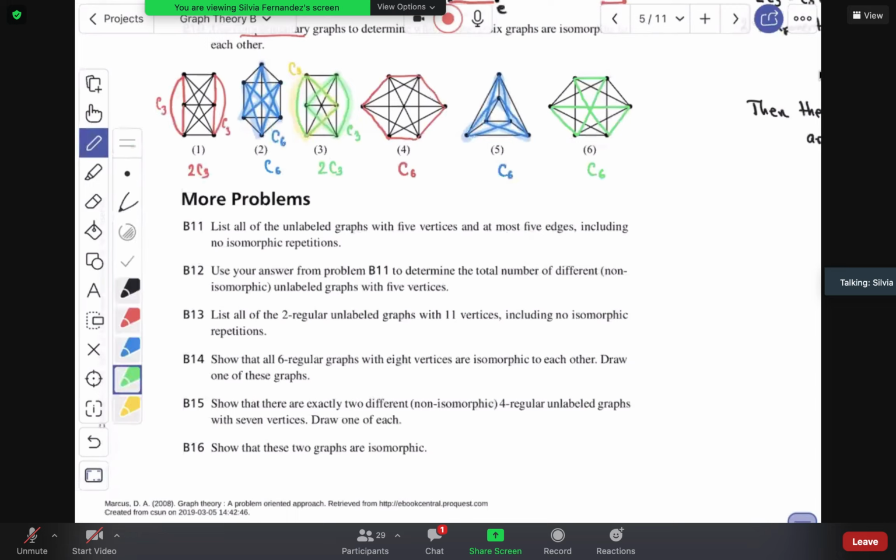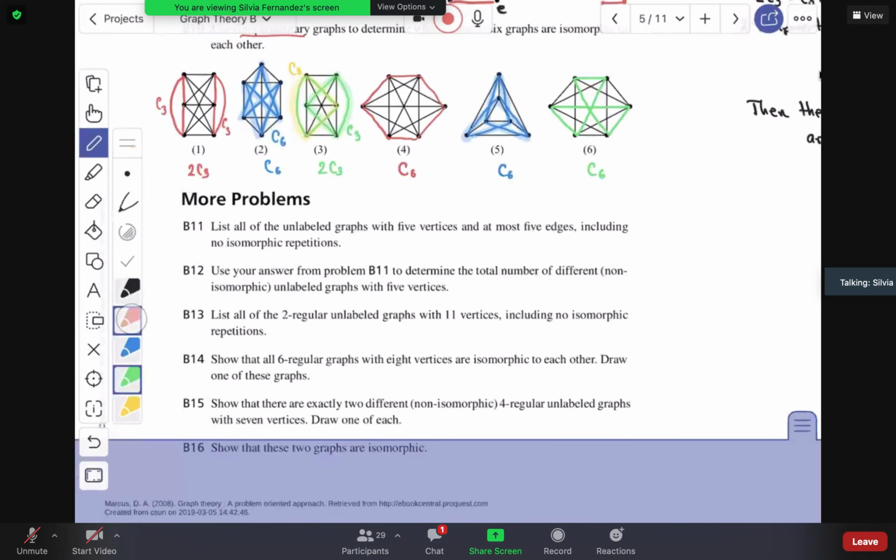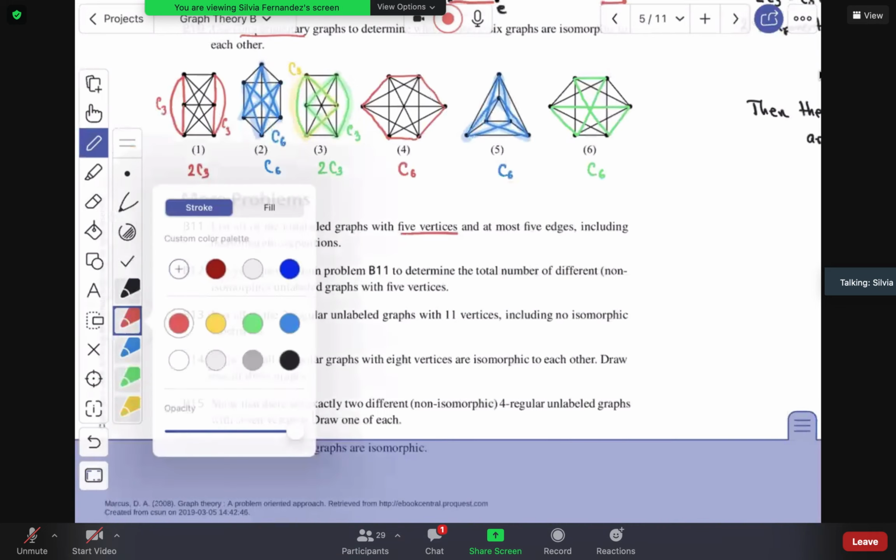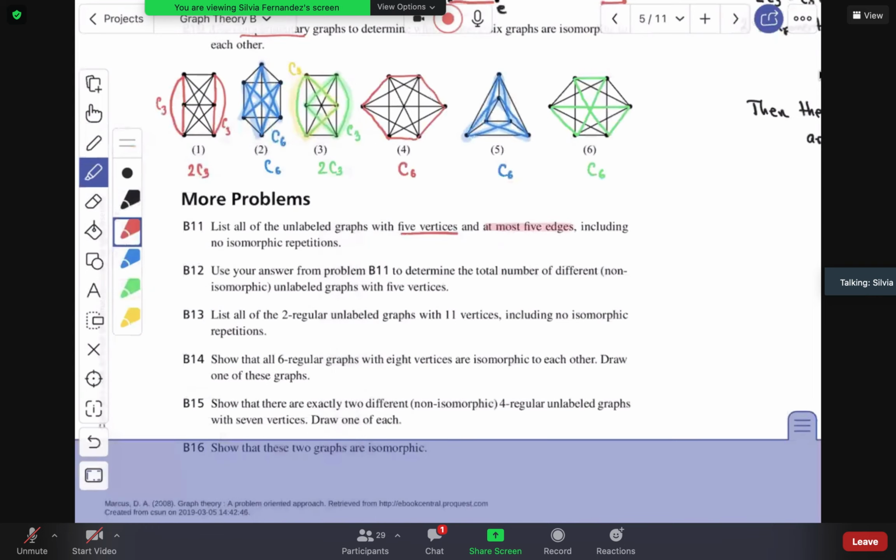So in this problem, you want 5 vertices, but very importantly, at most 5 edges. Essentially what they're saving you, because in a graph with 5 vertices, the complete graph has 5 choose 2 edges, has 10 edges.